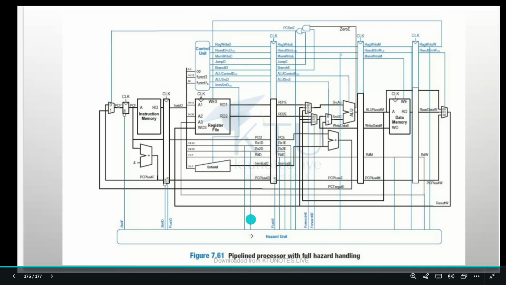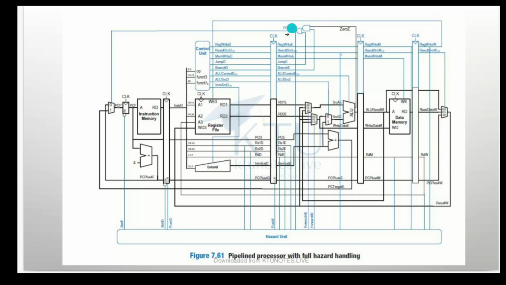Then RS1 and RS2, RS2E, RDE values have already been taken forward in the previous case. These are the things which were there already in the previous videos, where we have learned how it works.